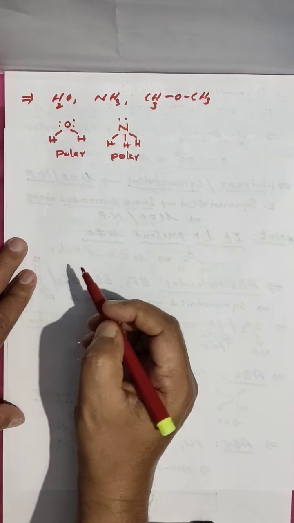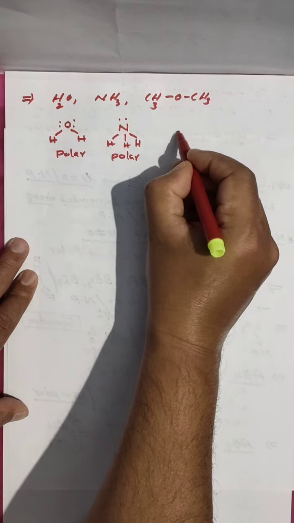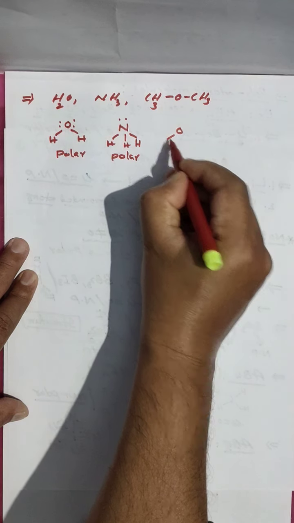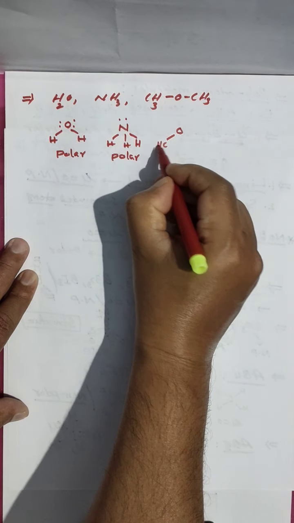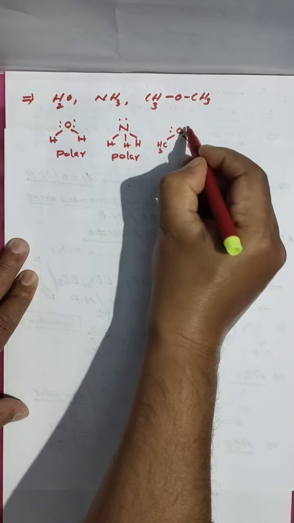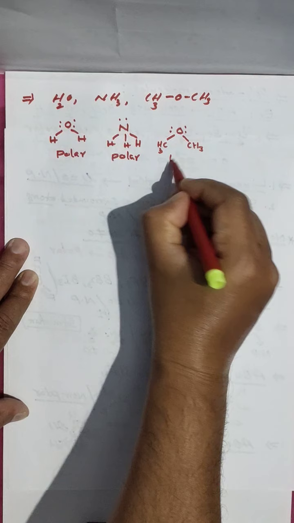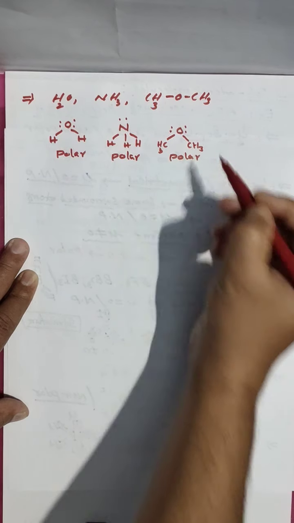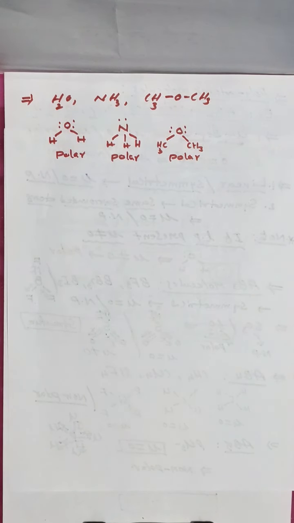Now oxygen is bonded with CH3 groups, a lone pair is there, this is also polar. So all are polar molecules.